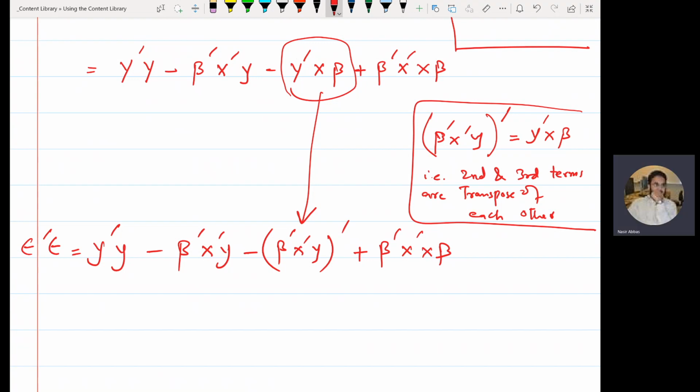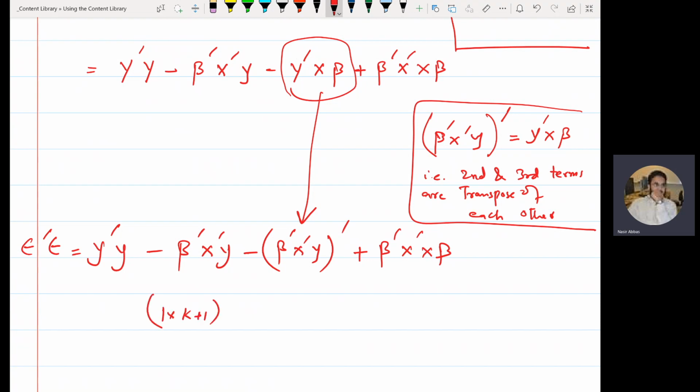You want to check it? Check it. What is the order of beta? It's k plus 1 by 1, right? So beta prime will be 1 by k plus 1. So let us try to guess. Beta prime will be 1 by k plus 1.